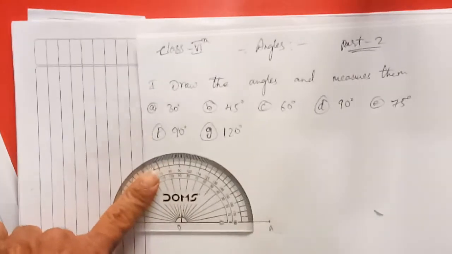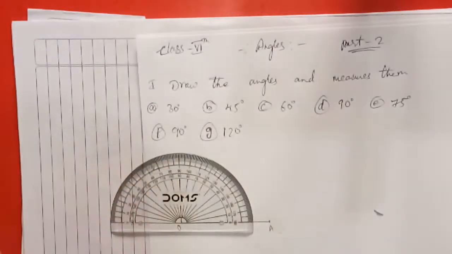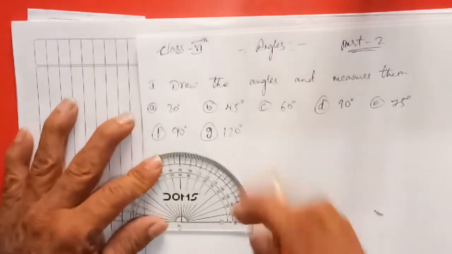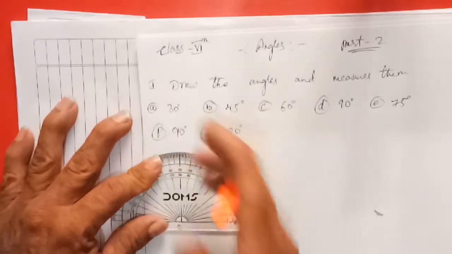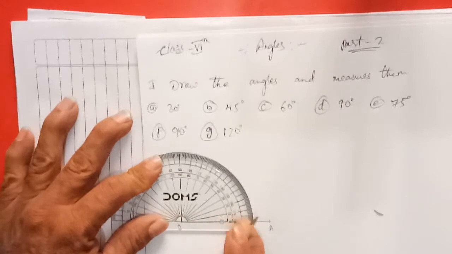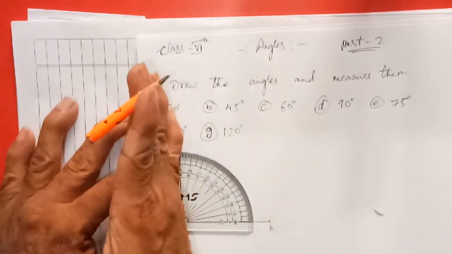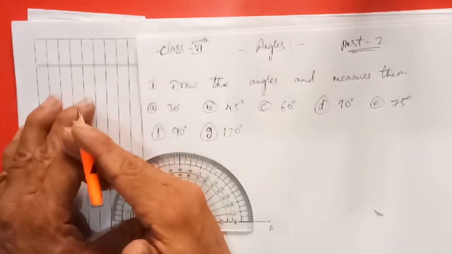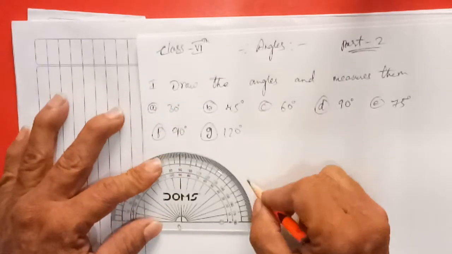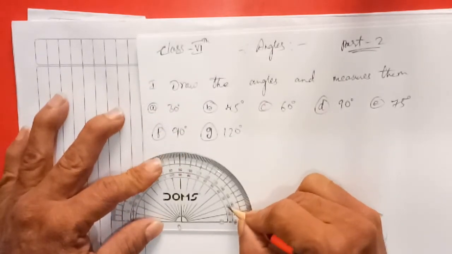After that, you have to mark the point of 30 degree. See, this is 90 degree, less than 90 degree is an acute angle. That is a 30 degree acute angle. This is the 0 line, this is 90 straight, and we take the inside scale only. Less than 90; more than 90 it will come outside, right? Less than 90, that is 30 degree, you see: 10 degree, 20 degree and 30 degree.